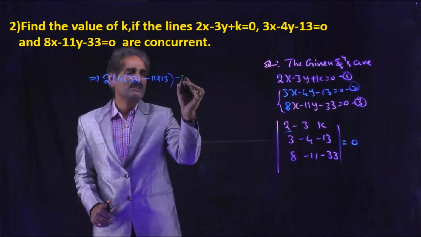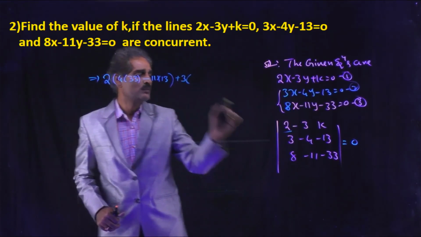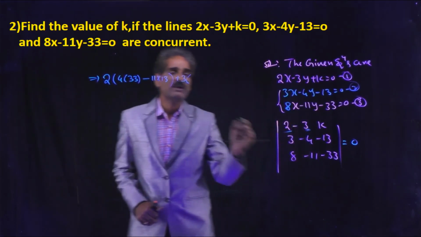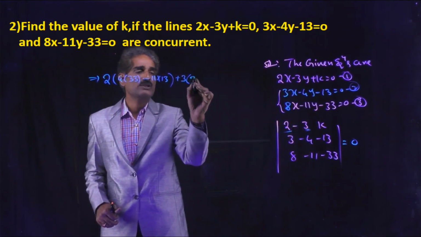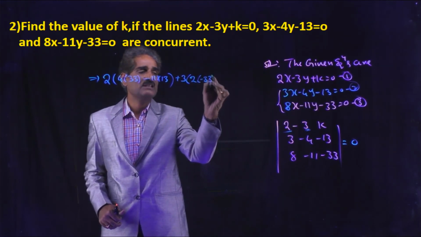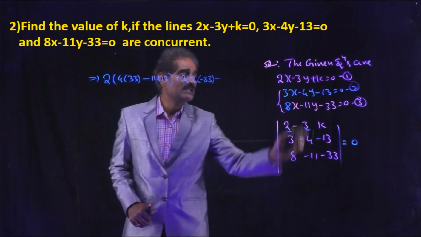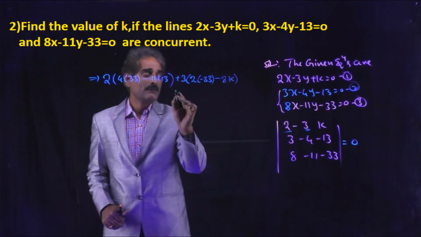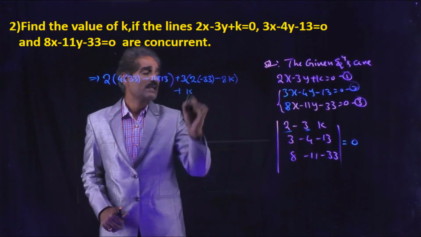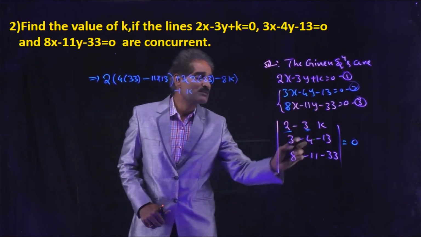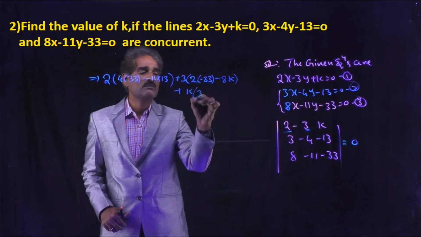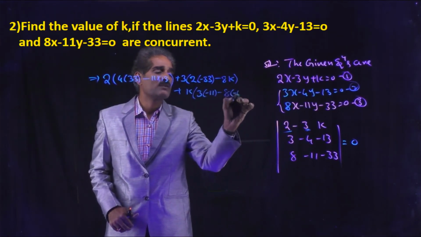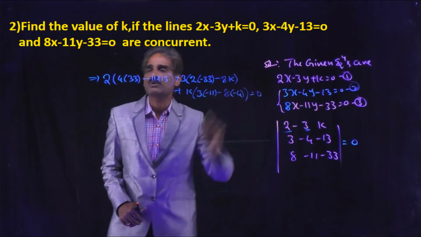Minus of minus 3, that means plus 3 into (3 into minus 33 minus minus 13 into 8), plus k into (3 into minus 11 minus 8 into minus 4), is equal to 0.